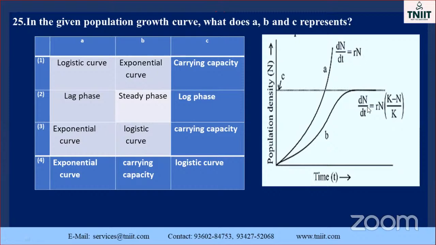The logistic curve is the same, but you are adding (K minus N) divided by K. This is called a sigmoid curve, otherwise called the S curve or logistic curve. K is the carrying capacity, the maximum capacity of plant growth or population growth, whatever it may be.